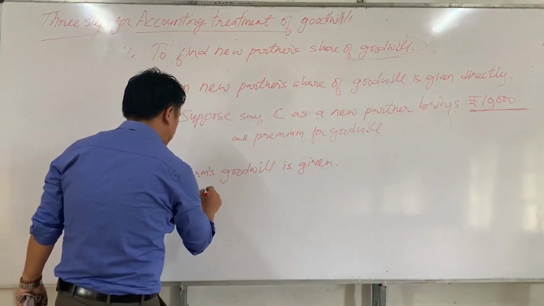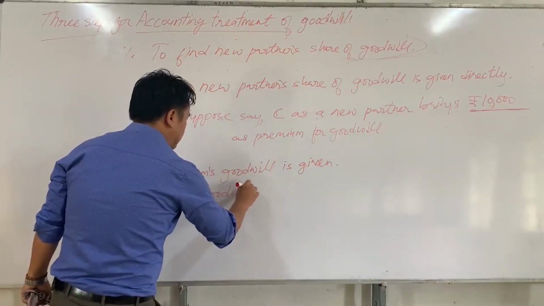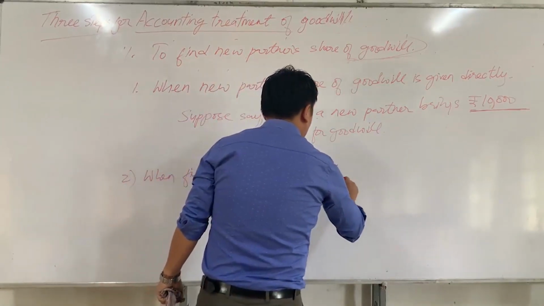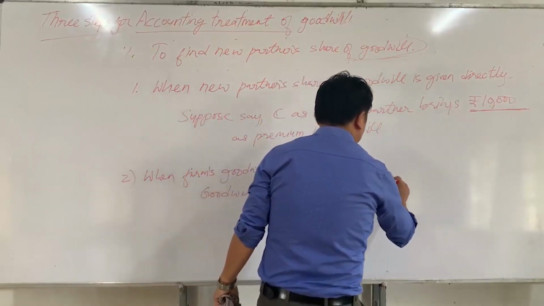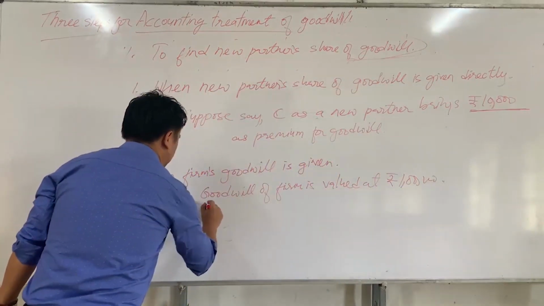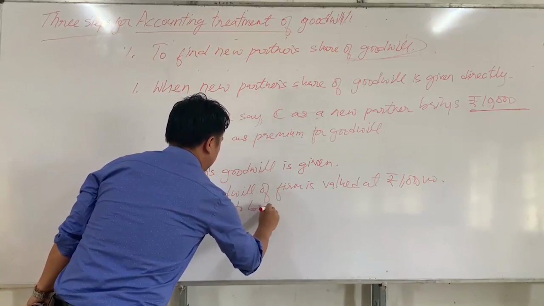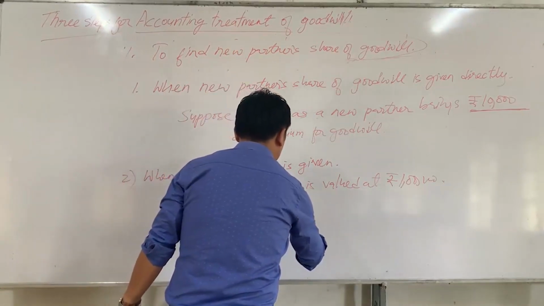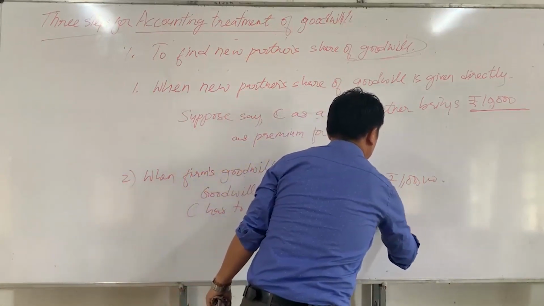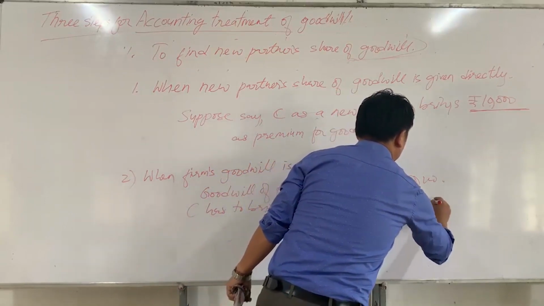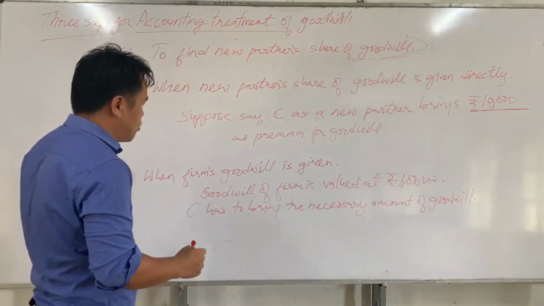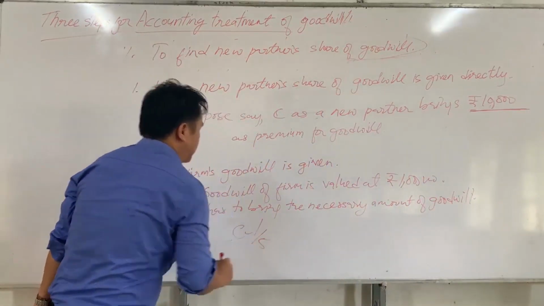Suppose say the goodwill of the firm is valued at rupees 1 lakh, and C has to bring the necessary amount of goodwill, and they admitted C as a new partner for 1/5 share.